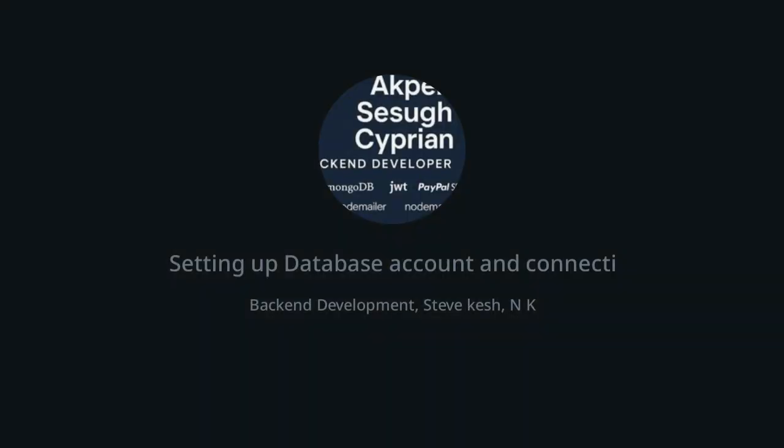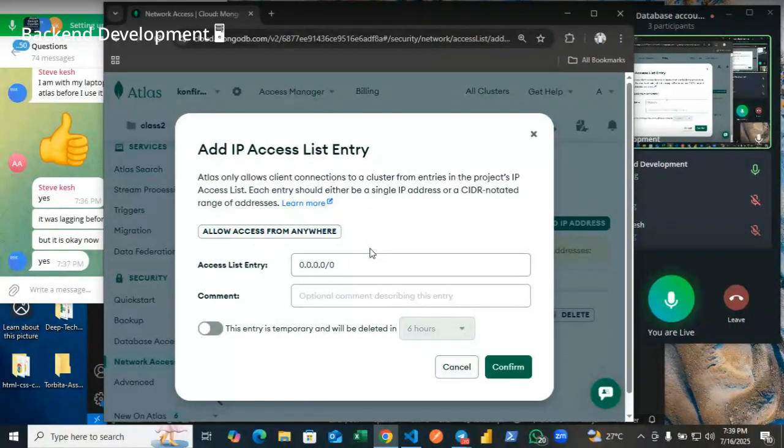Or my server will run, but it will crash. Because of what? My MongoDB did not connect successfully, and it will give me an error pointing to my MongoDB account. So that's why I come here to allow access from anywhere. So I'm going to now confirm it by clicking here.